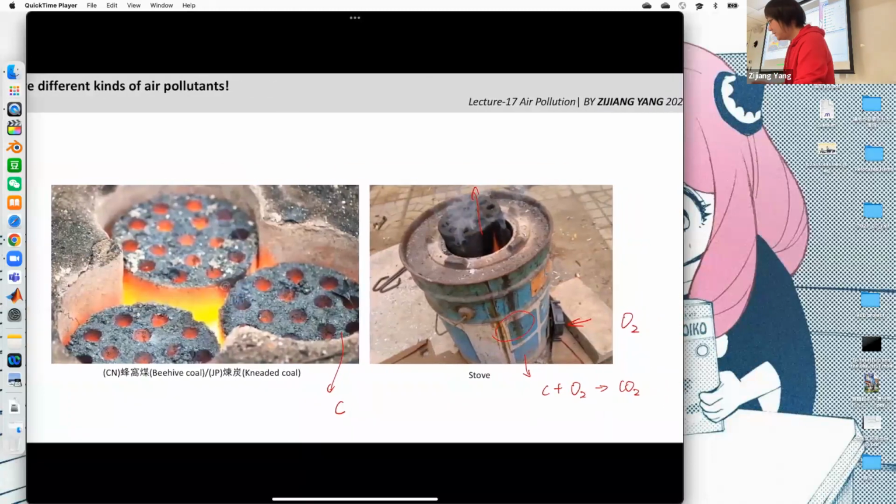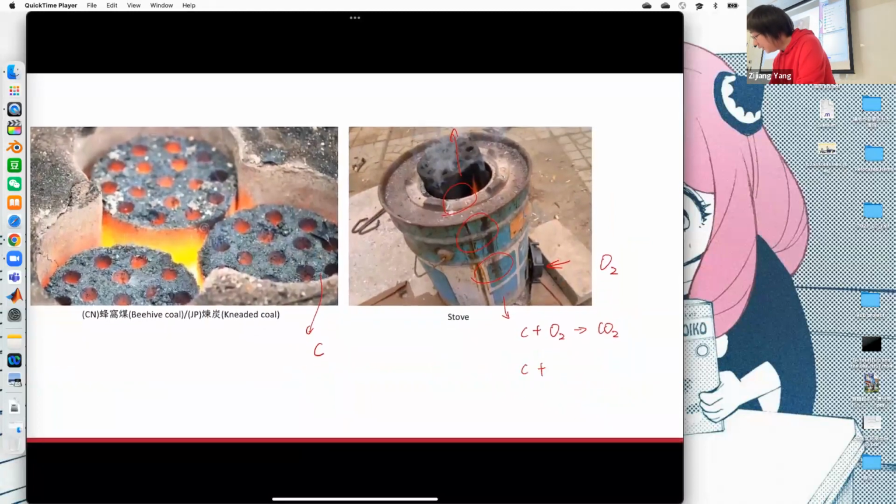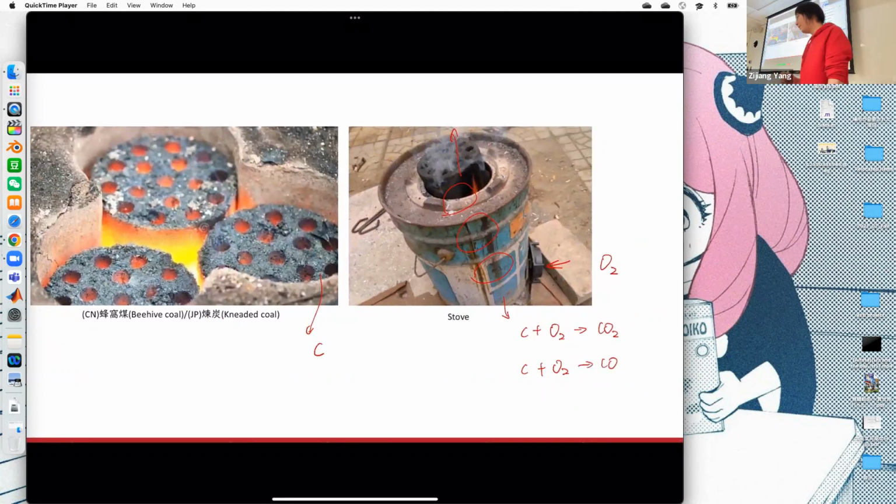But if we do not have enough oxygen, like at the very beginning we may have enough oxygen, but maybe in the middle or at the top, we may not have enough oxygen. So in this case, if the oxygen is limited, the carbon will also react with oxygen and form carbon monoxide, which has only one oxygen.